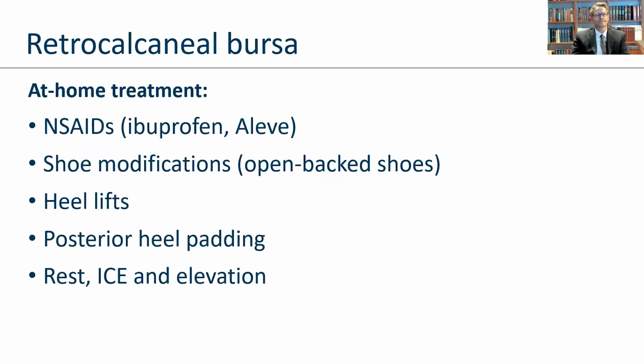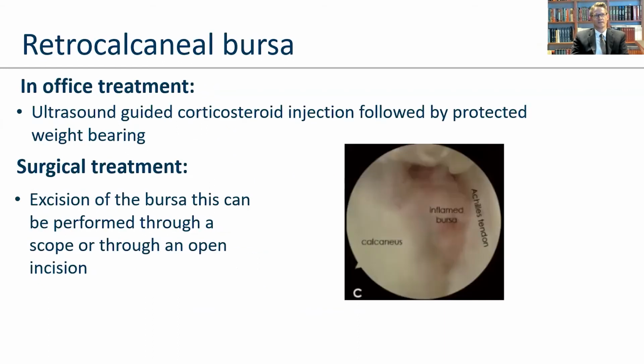At-home treatments, a lot of these are very similar to the Achilles insertional pain. So your NSAIDs, your Aleve, shoe modification, the open back, the heel lifts, the padding, the rest, ice, and the elevation. The in-office treatments. So the best way to get at the bursa and to make sure that you don't hit the Achilles tendon is to do this with an ultrasound guided injection.